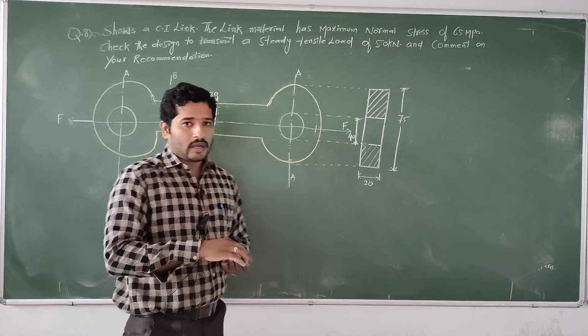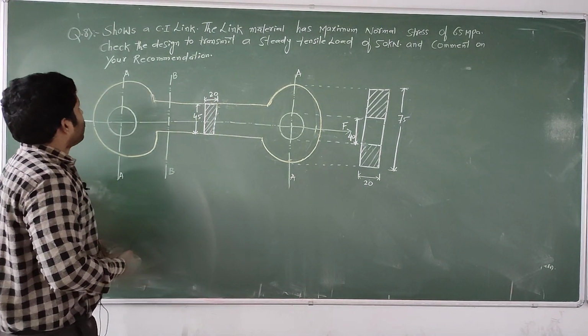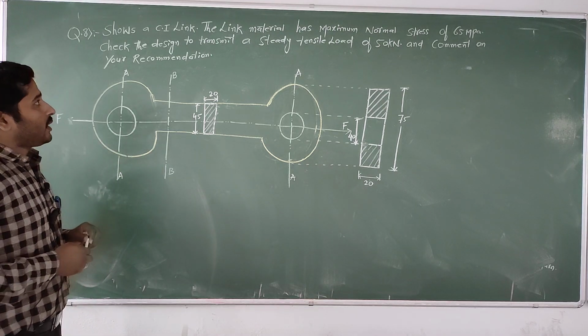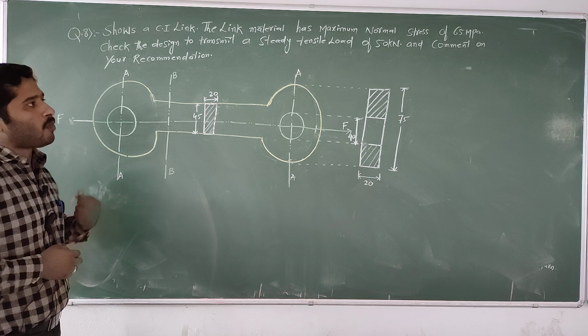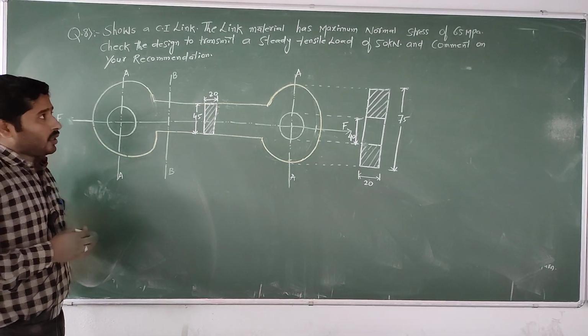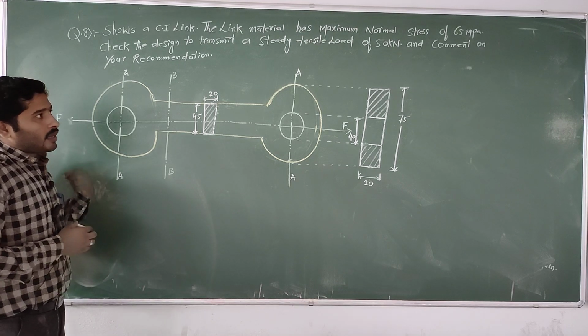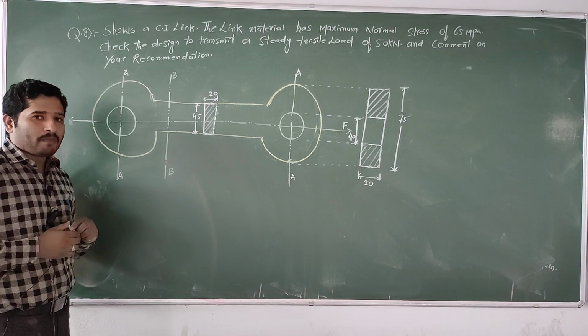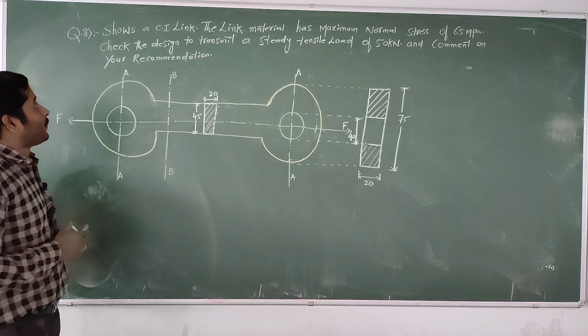Next question, the 8th one. I show in the figure a cast iron link. The link material has the maximum normal stress of 65 megapascal. So maximum normal stress, how much is given? 65 megapascal is given.